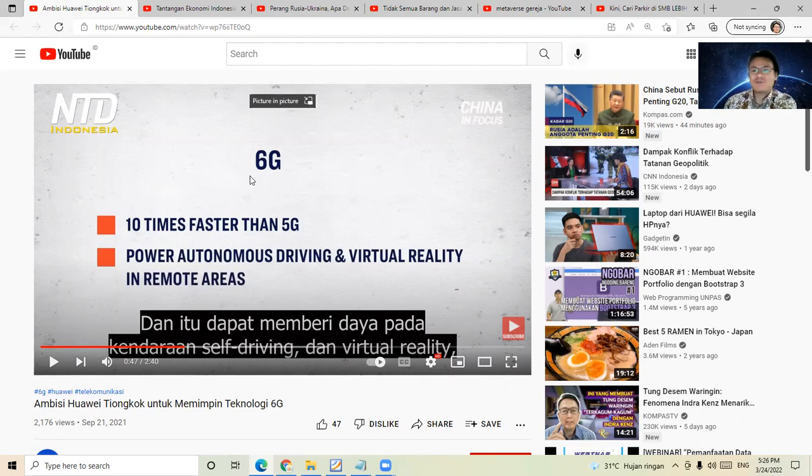So 6G can offer that, and we'll wait and see for another 20 or 30 years from now, when 6G will be widely available, and of course, we as digital marketers can make use of this new technology.